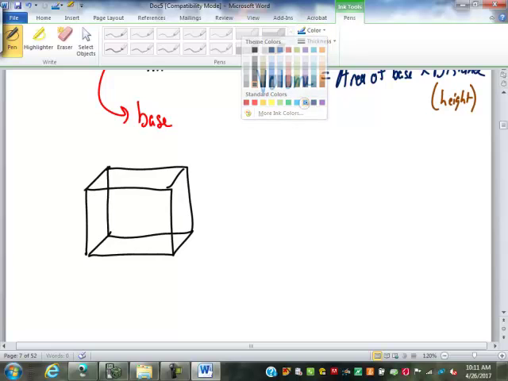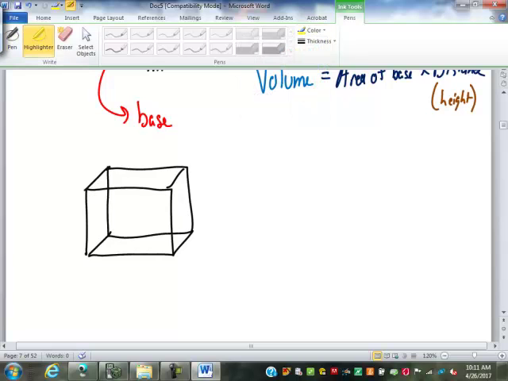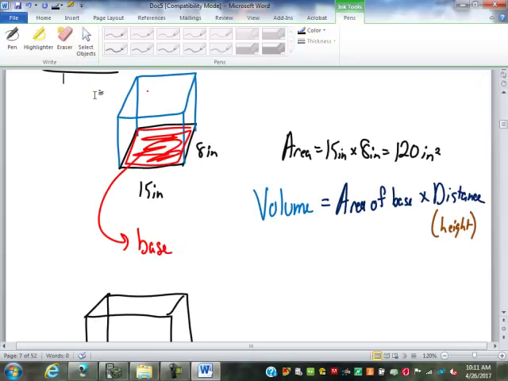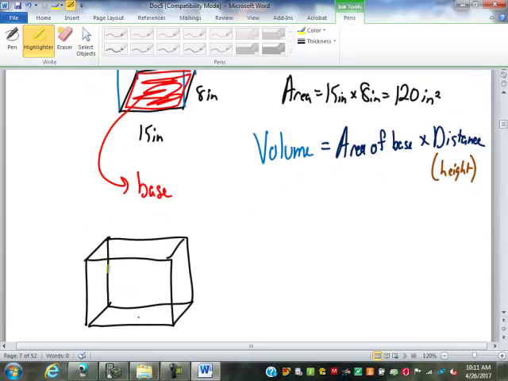On this box, I could use any of the sides as a base. I could take the bottom piece here, and I could think of it as I took that bottom piece and I moved that. I would slide that through space to make the object. Or I could have taken this end piece here.